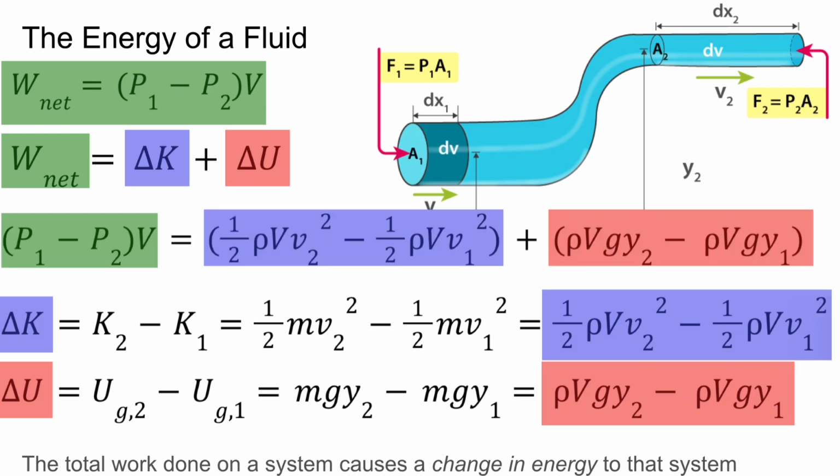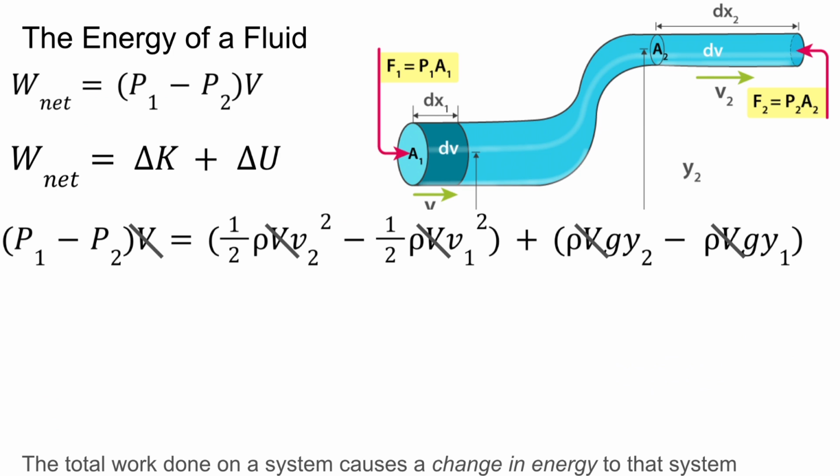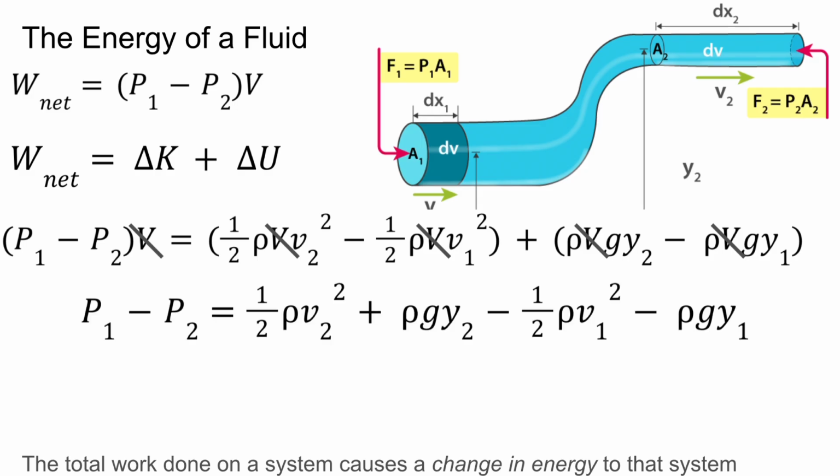So our net work, which equals (P1 minus P2) times volume, will equal our final kinetic energy minus our initial, plus our final gravitational potential energy minus our initial gravitational potential energy, and substitute in all those constituent variables. And so we can notice that volume is present in each and every term of this equation. And so we can divide by volume, and we end up with something that looks like this.